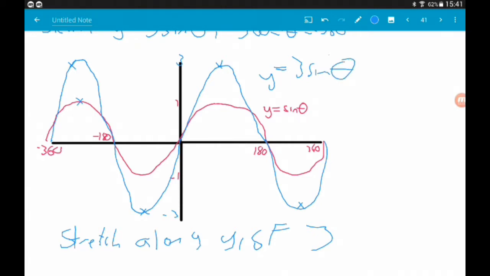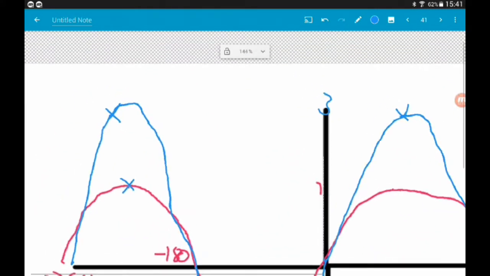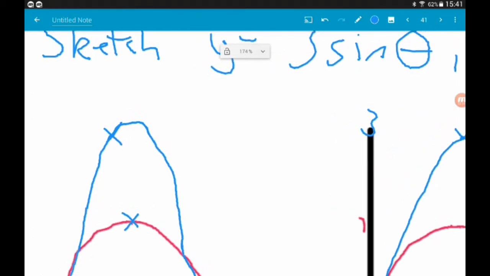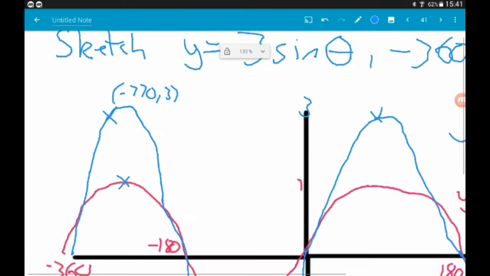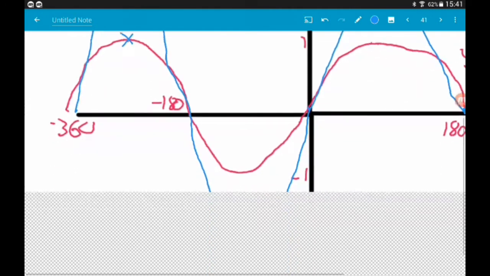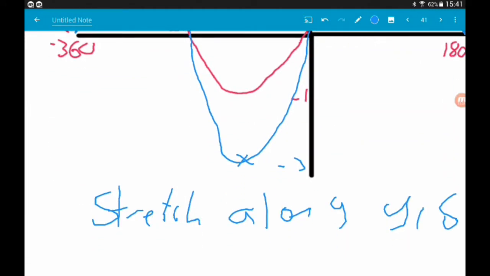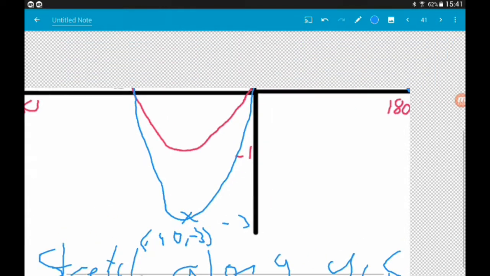So it's important here to realise the x-intercepts are all exactly the same. It's just the coordinates of the maximums and minimums. So this point over here would have coordinate minus 270, 3, whereas it was minus 270, 1. This one down here would be minus 90, minus 3.